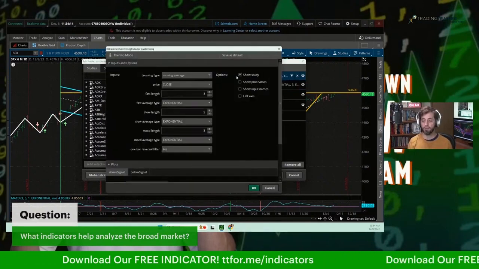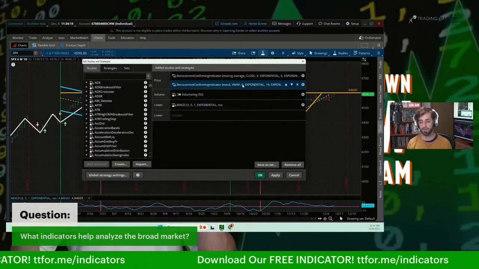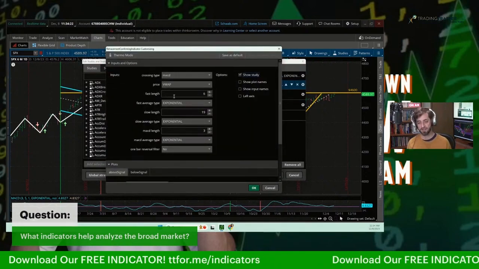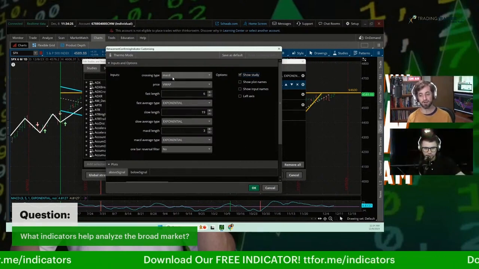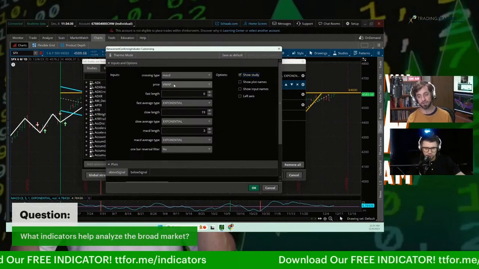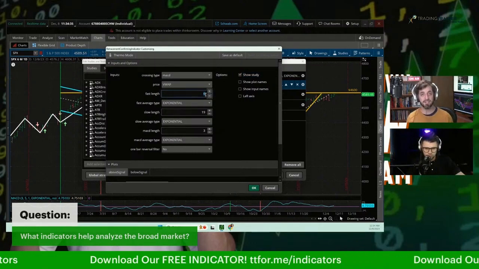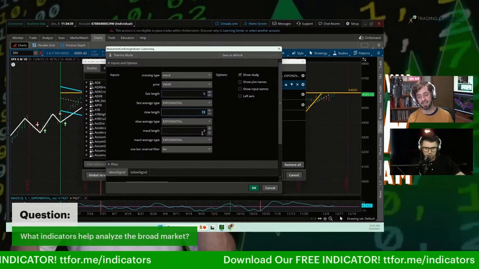So if I switch off the one that I use for looking at the broad market and I switch on the one that I use for looking for trading signals, you can see that this is a MACD instead of a moving average crossing. It's based on volume weighted average price instead of closing prices. And these are the parameters given to us by the mathematicians behind the MACD. This is what we call the fast MACD settings.